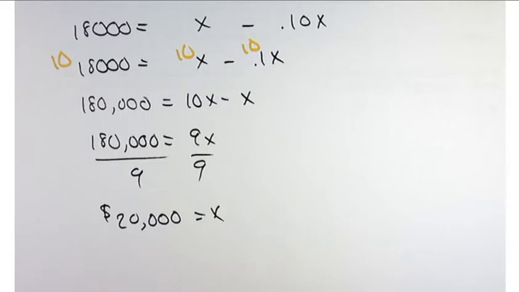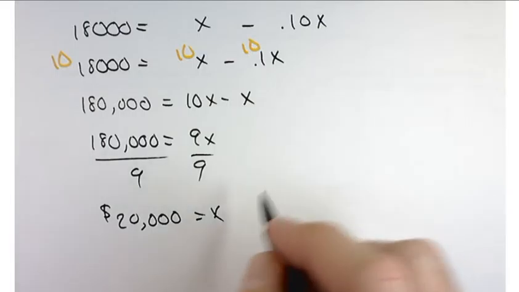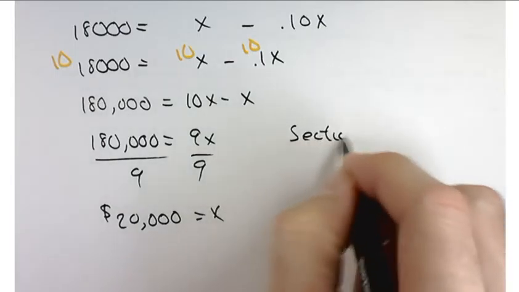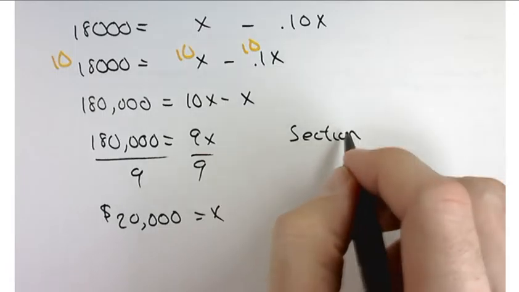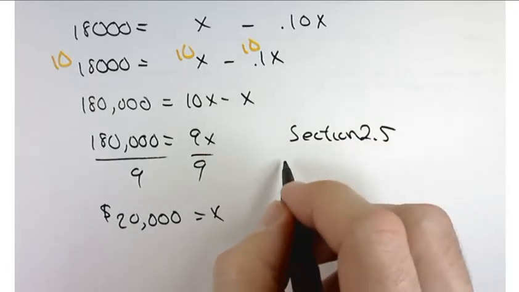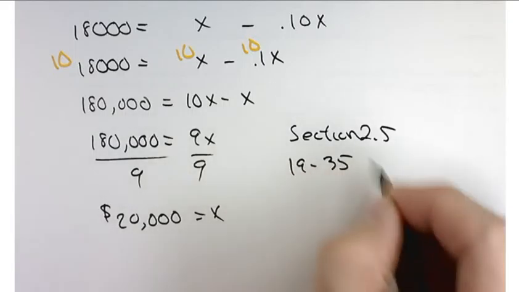For homework section 2.5, try 19 through 35.